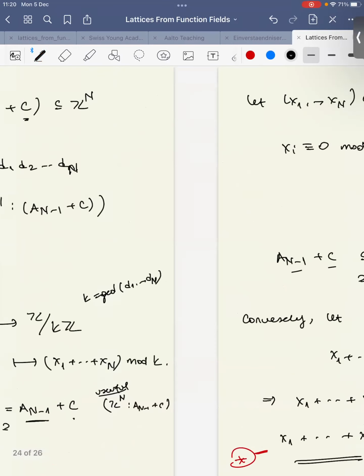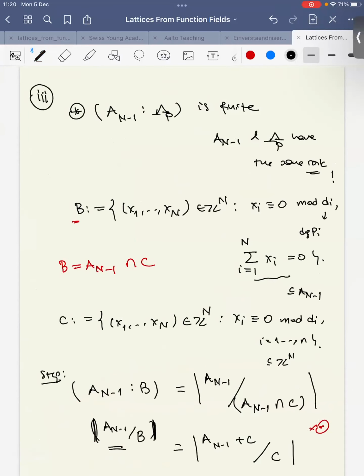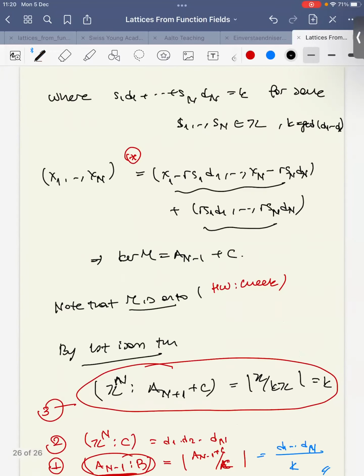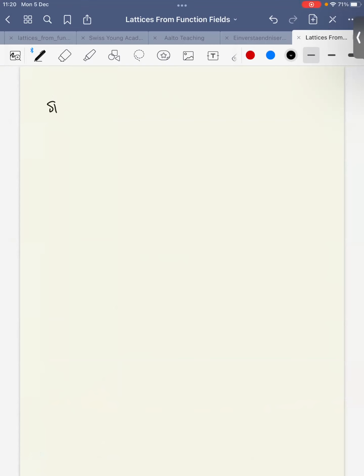And as a second step, let me say this is step 1. In step 2, we want to show that the index of our function field that is inside of B divides the class number.